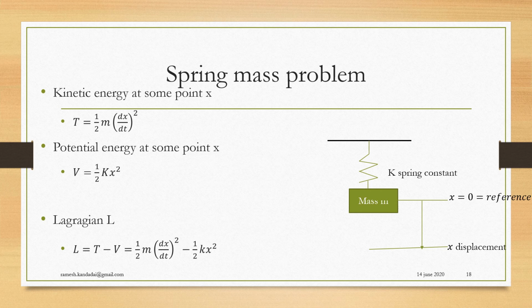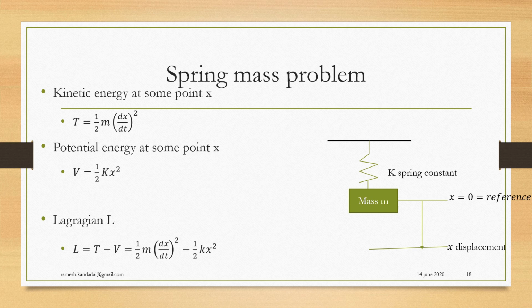Let's take a sample problem of a spring and a mass. The kinetic energy at some point x is 1/2 mv squared, where v is dx by dt. The only potential energy at that instant in time, if you define the origin to be seated on the center of mass, is V equal to 1/2 kx squared.